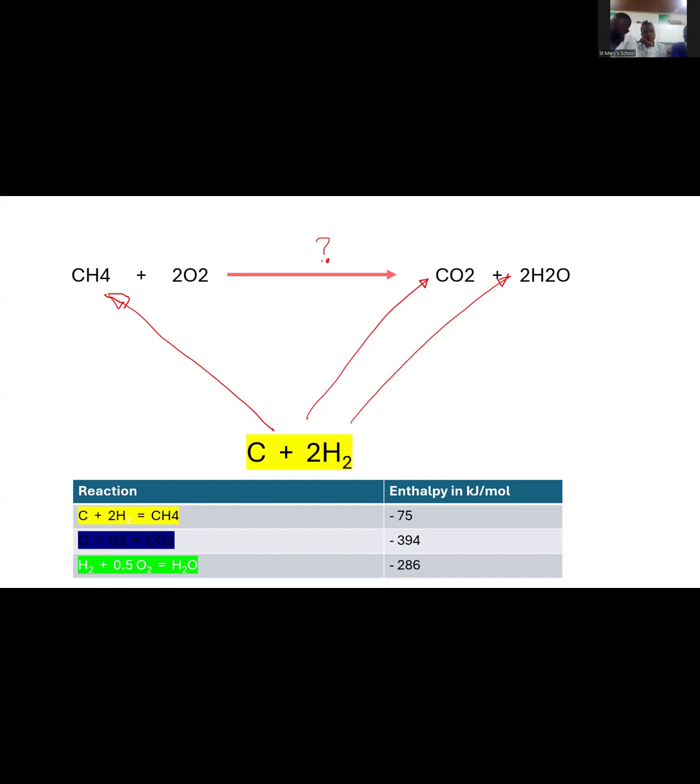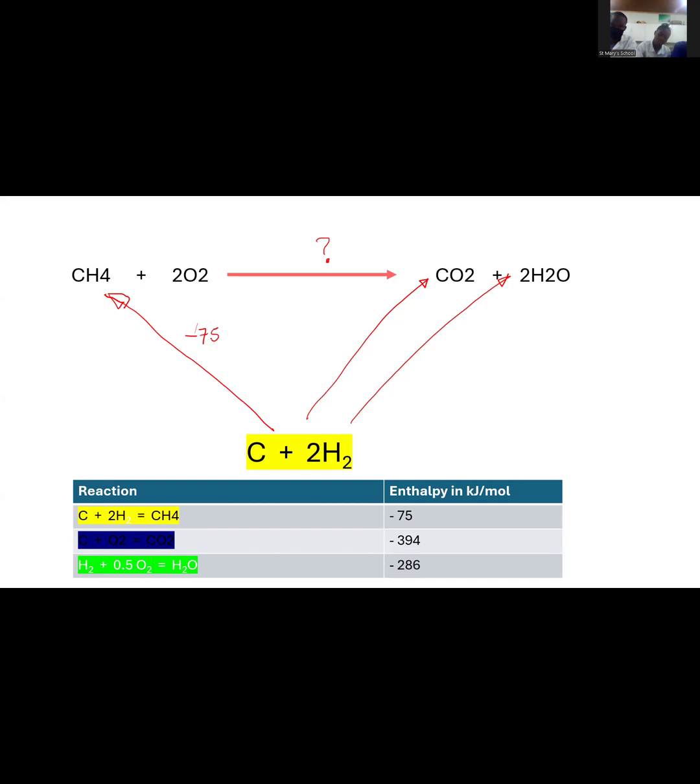So let's see if anybody can think about how we can do this. Remember that if I start Nairobi, Malindi, and I want to go via Mombasa, I want to go down this arrow and then up again. So this one here, whatever that value is going up, I'm going to have to change its sign. So this one at the moment going up on the left-hand side is negative 75.